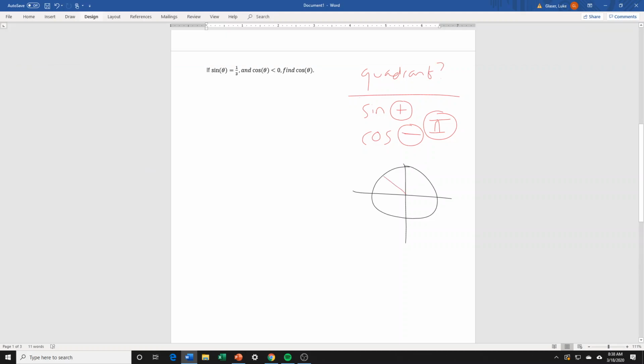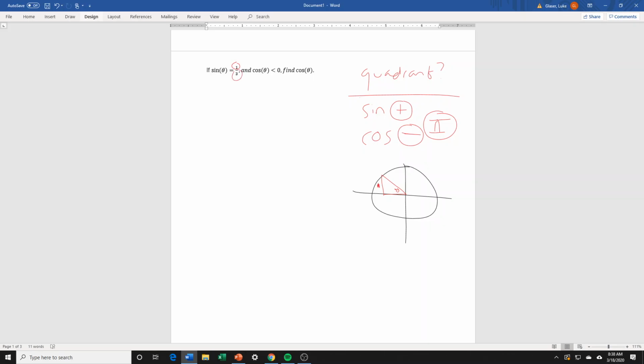It's going to look like this. And there's theta. Sorry, I know that drawing's crappy, but I can only do so much. And we know the ratio, we know the proportions of the sides. Remember, sine is opposite over hypotenuse. So the opposite side, the opposite from that angle, is going to be 1.